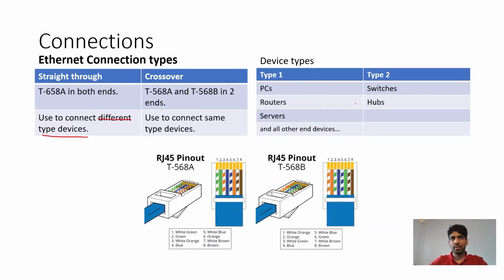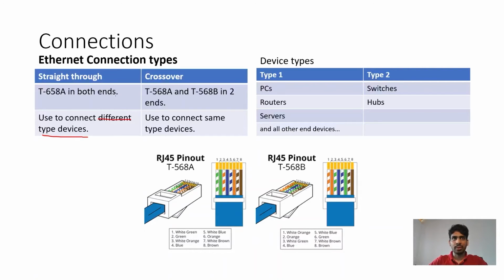If I want to connect a PC to a switch, that's a connection between the two types, so we have to use straight through. If I want to connect a PC to a PC, it's within type 1, the same type, so to connect the same type of devices we use crossover cables.